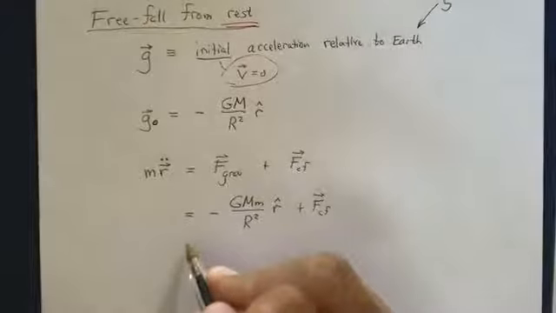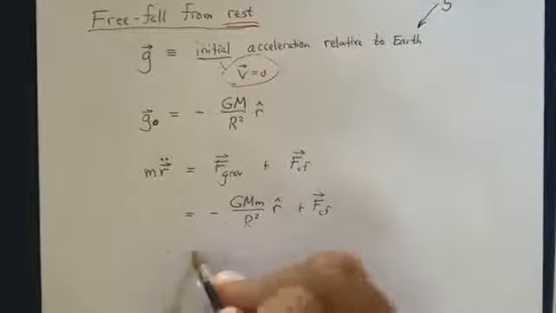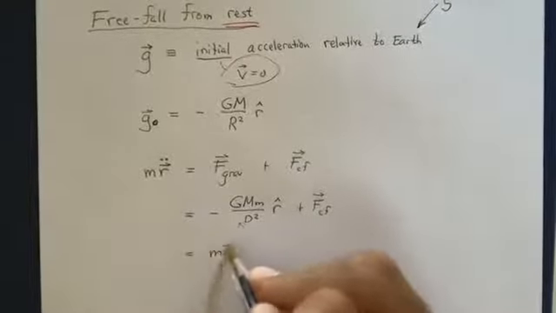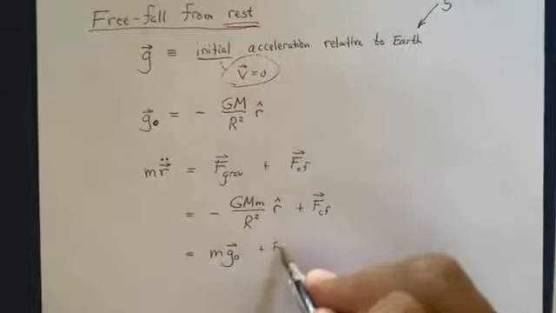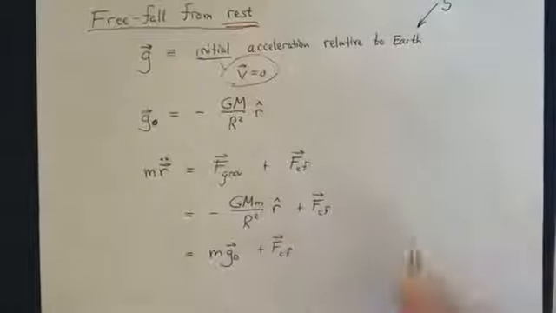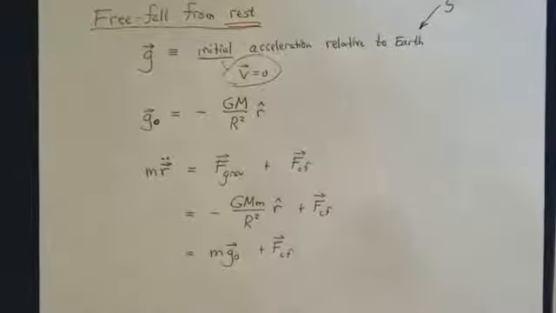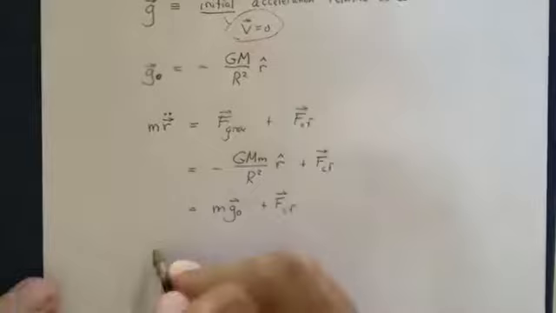Okay, and so this is the mg naught. Once again, we evaluate the cross product. This is something we discussed when we discussed the bucket. And so the upshot is we can write this wonderful result.